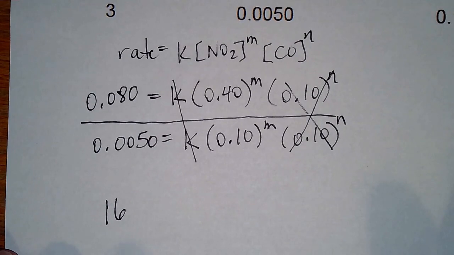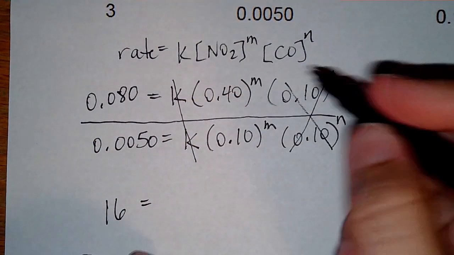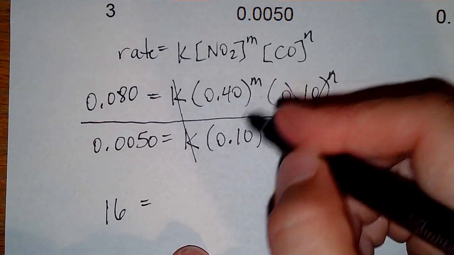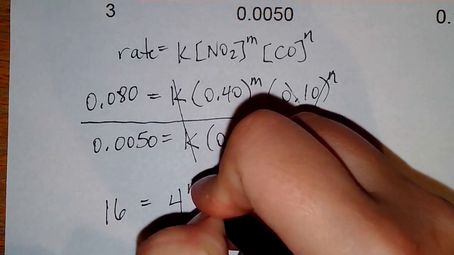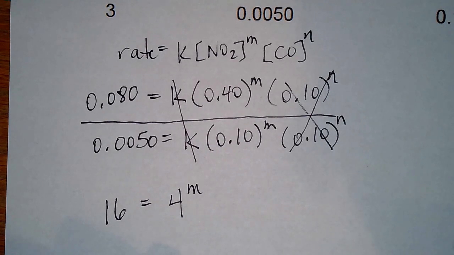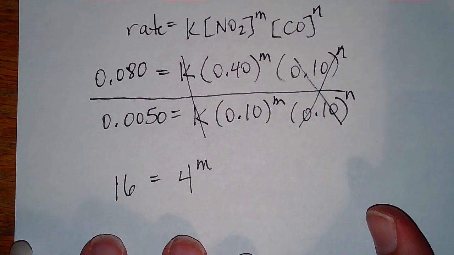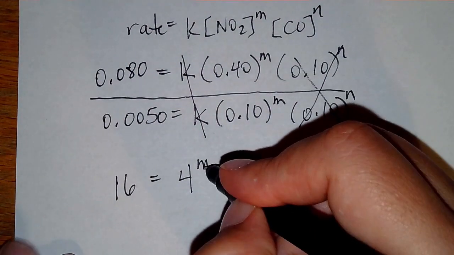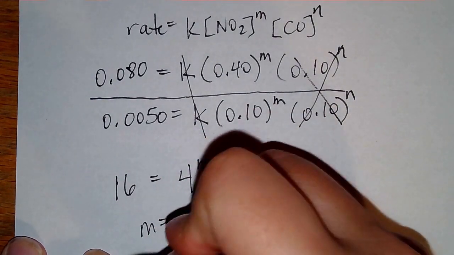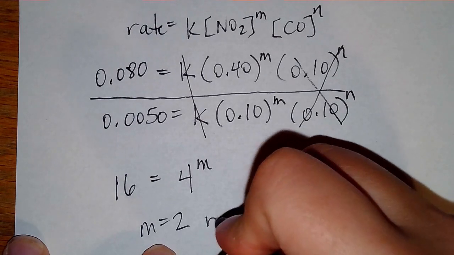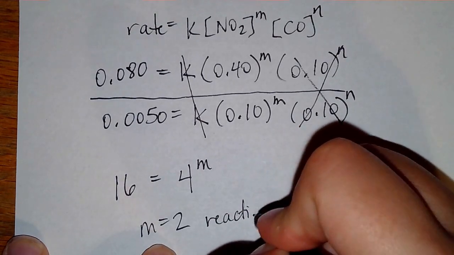And then here, 0.4 to the M divided by 0.1 to the M is 4 to the M power. So at this point, hopefully you can see that M has to be 2. And this would be my reaction order. So NO2 is second order.